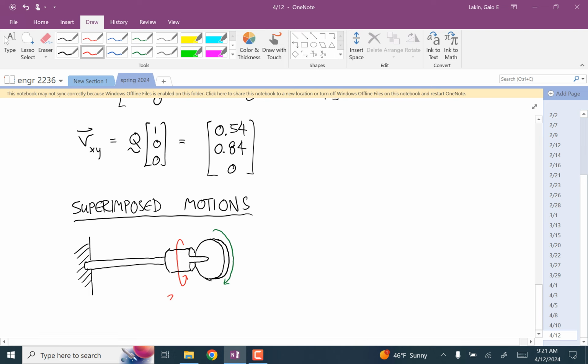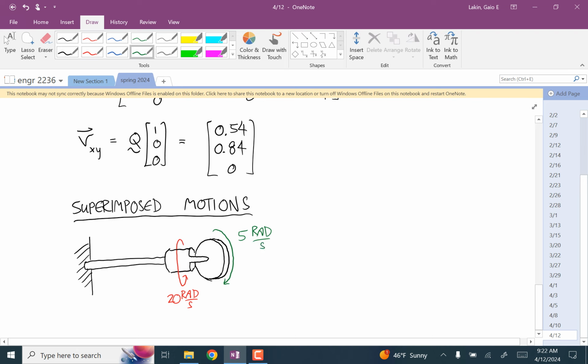The red one is at 20 radians per second. And the disk, so for a camera that's fixed on that 20 radians per second rotating thing, this disk is just spinning at 5 radians per second.